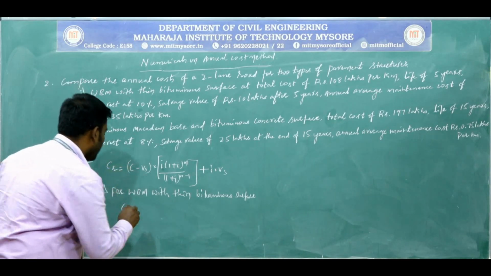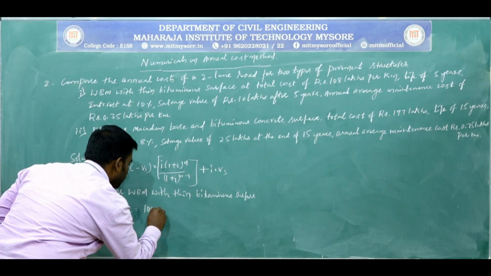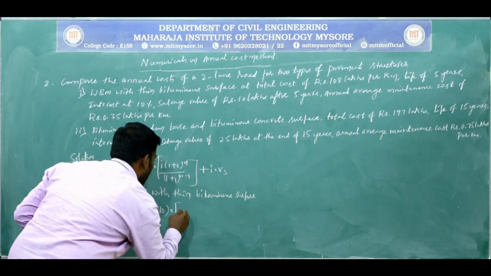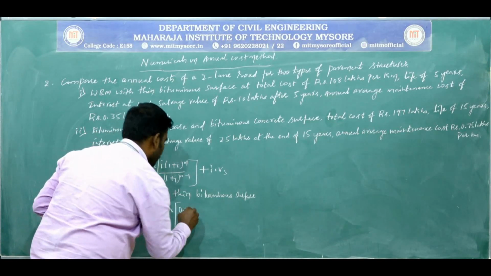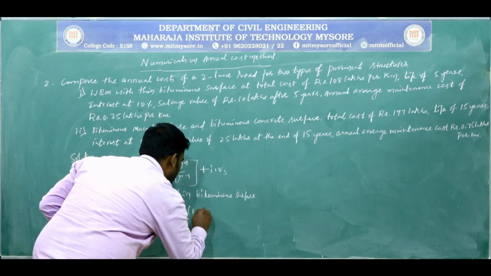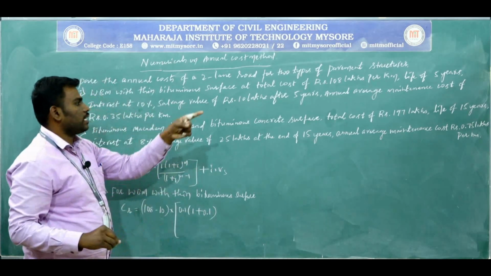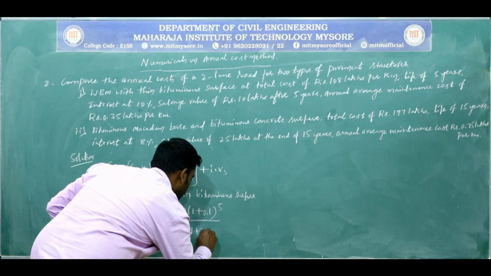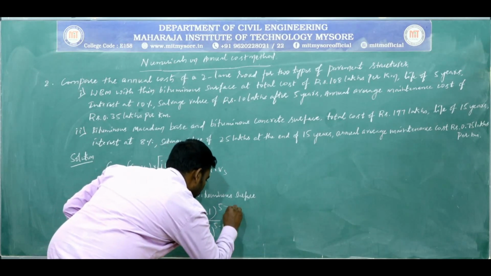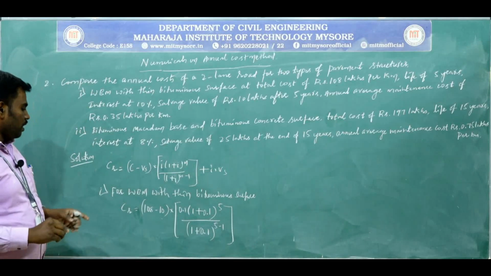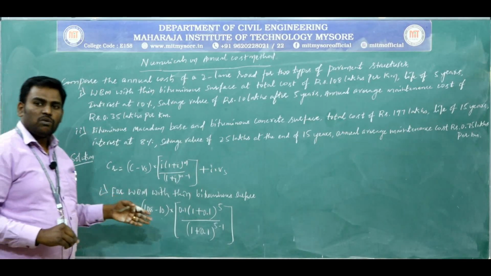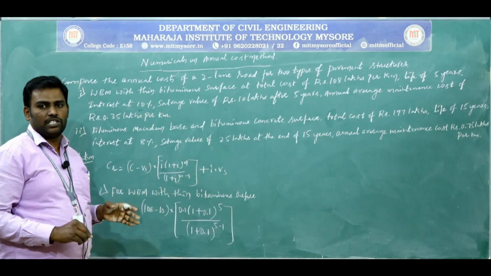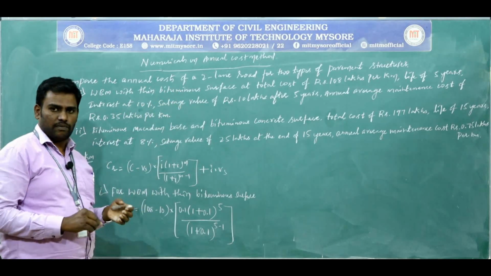CR is equal to C, 108, minus Vs, 10 lakhs salvage value, multiplied by I, 0.1. Then (1 plus 0.1) to the power of 5, divided by (1 plus 0.1) to the power of 5 minus 1. This will give the annual cost, considering salvage value, for the first condition, that is a WBM road with a thin bituminous surface.